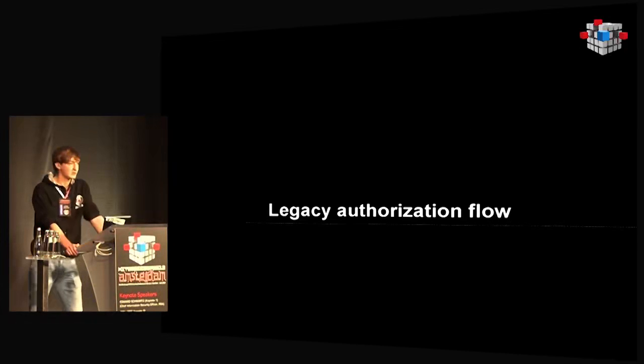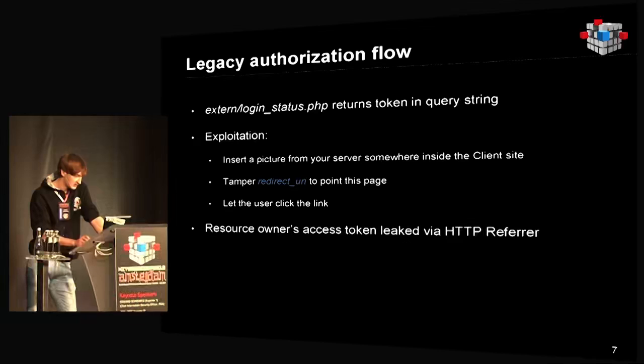So I will start with a very, very easy bug, very simple yet very hard to patch. This script, external login status PHP, exposed the token in a query string instead of the hash. This is a direct violation of the standard, and it could be easily exploited to leak the access token.